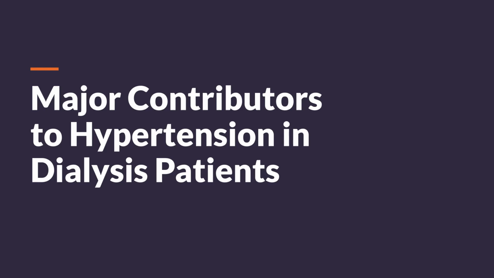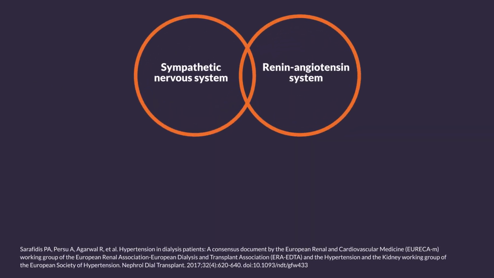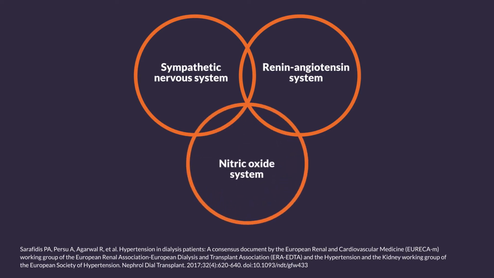So when you look at hypertension in dialysis patients, it's not that different than it is in non-dialysis patients, but the sympathetic nervous system plays a major role in dialysis patients, and volume, i.e. sodium, plays an even bigger role than it does in people that have normal kidneys or reasonable kidney function. And the reason sodium is important is because a related system, the nitric oxide system, is really dysfunctional in dialysis patients.